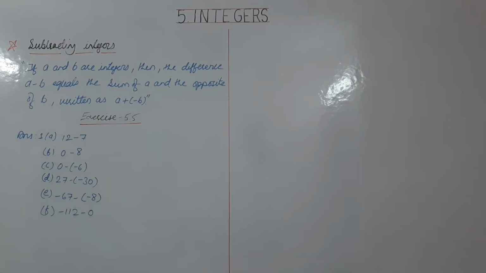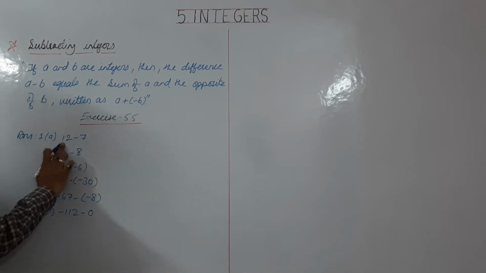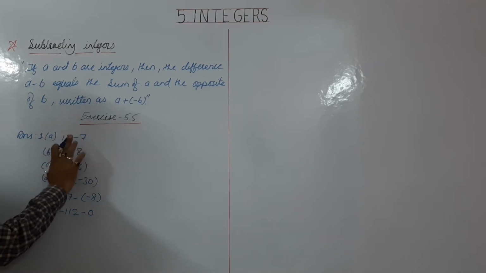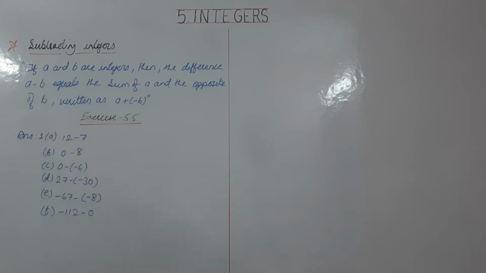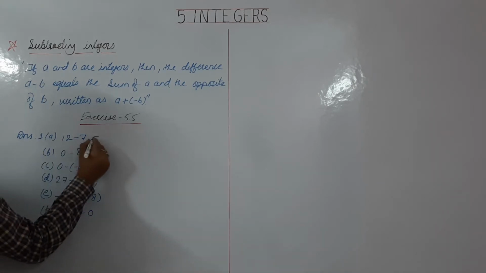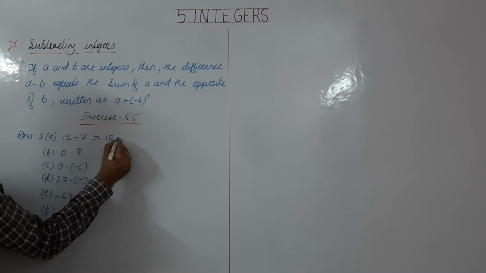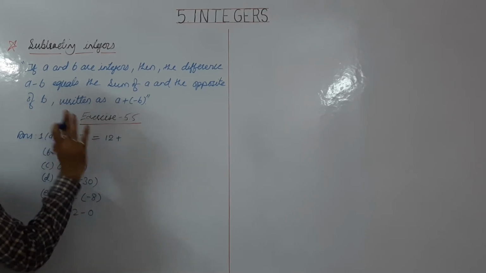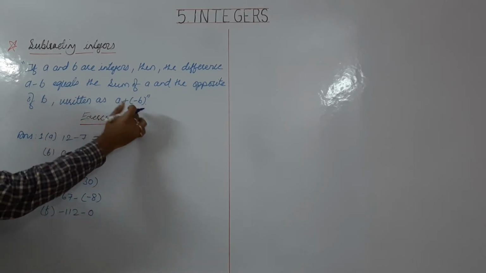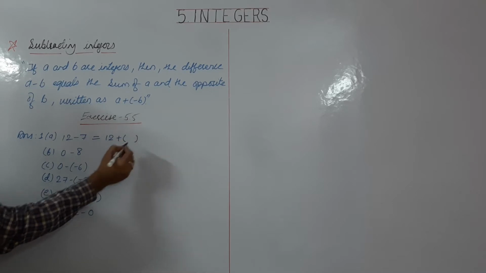First question, express each difference as a sum of integers, then find the difference. So the given statement is 12 minus 7. In the first step, we are required to express this difference as a sum of integers. As a sum of integers means 12 plus, and for that we have to write the opposite of the second number.